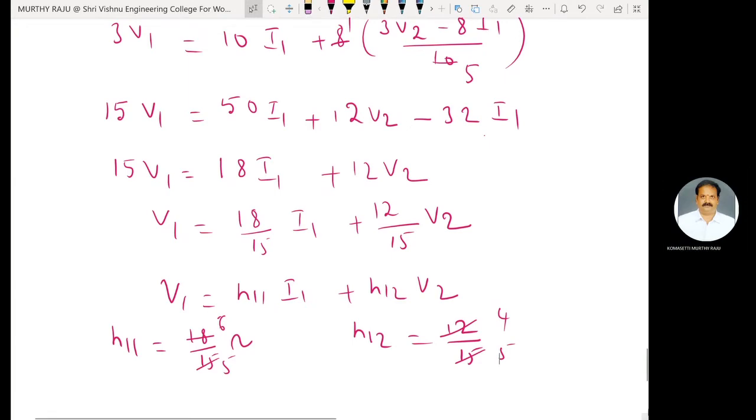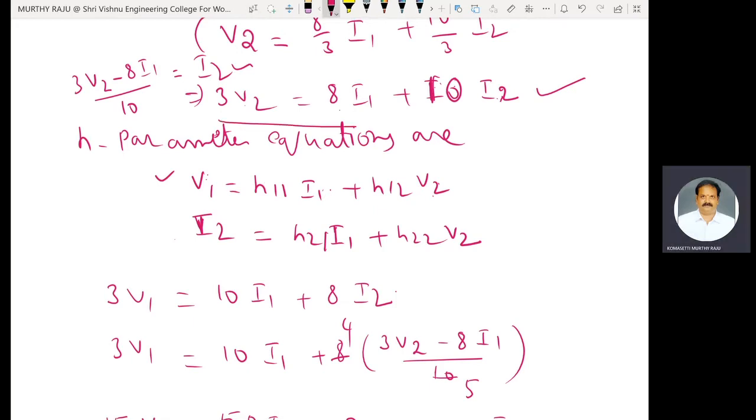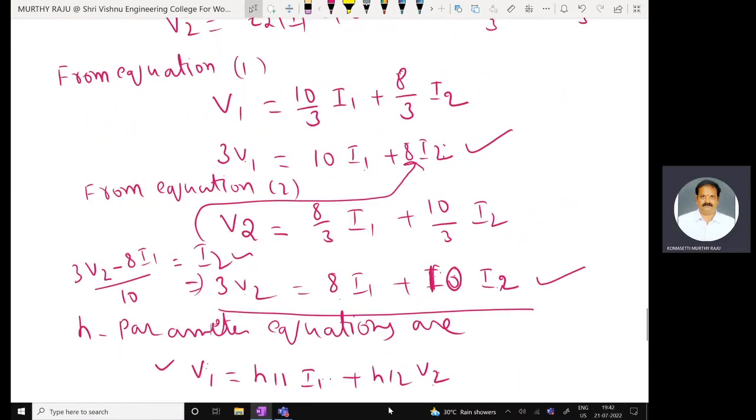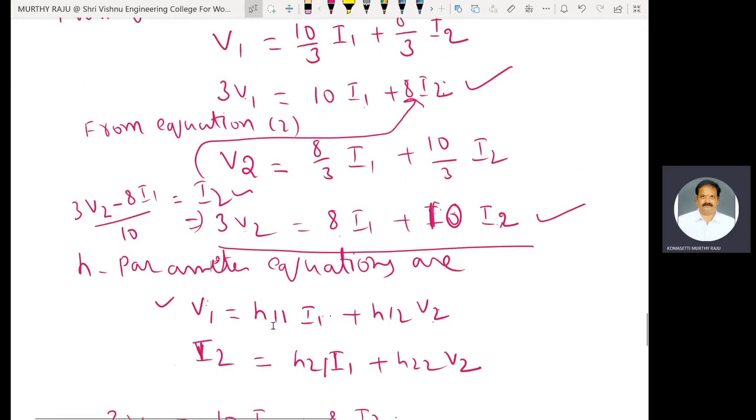Consider the equation 3V2 is equal to 8 I1 plus 10 I2. The H parameters' second equation has I2, I1, V2, which is present in the Z parameters' second equation.